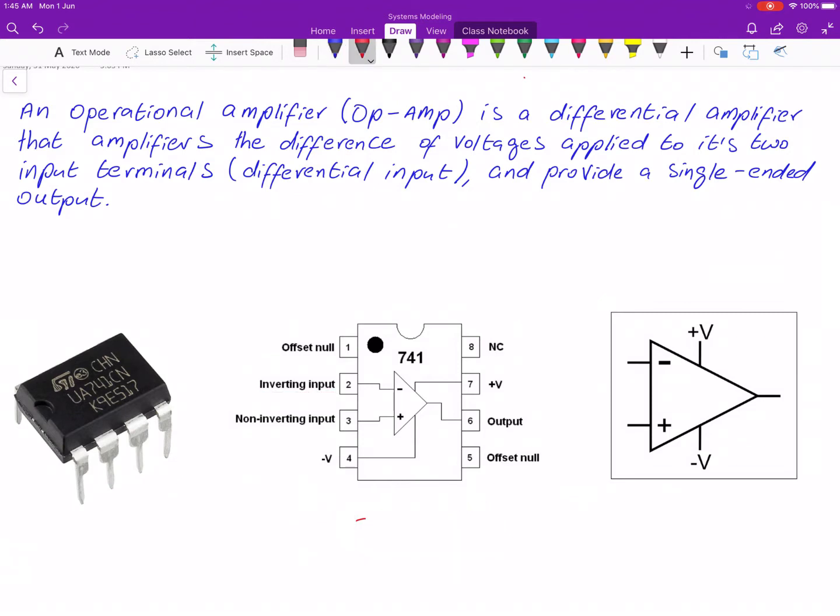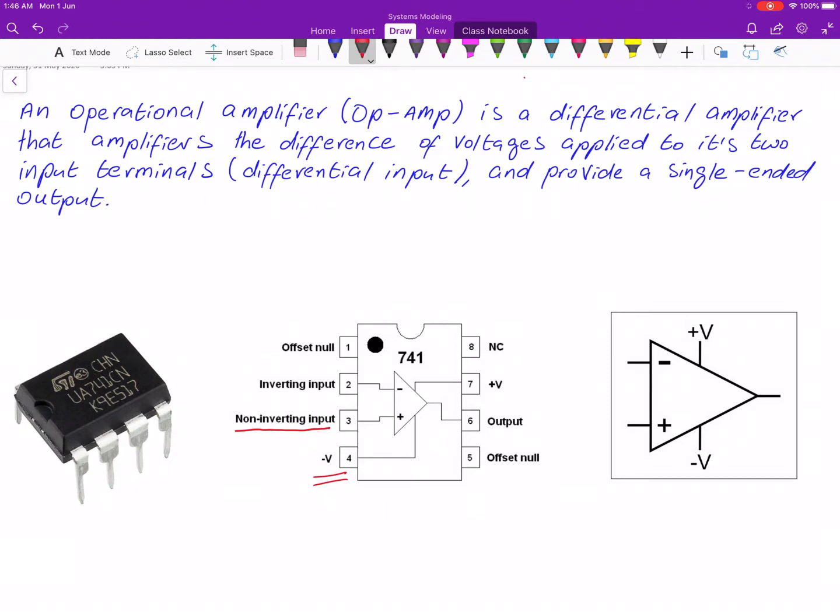Now, pin 3 is the non-inverting input, meaning that if you have a signal as your input, your output is going to be an amplified signal that is in phase with the original input signal. So this signal here is not inverted. Pin 4 is your negative VCC.